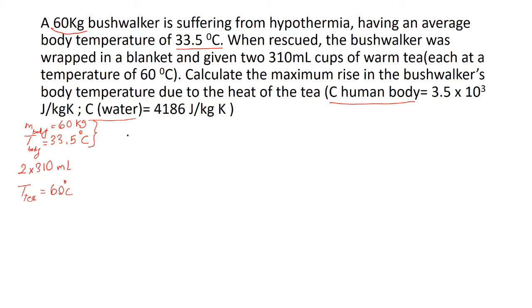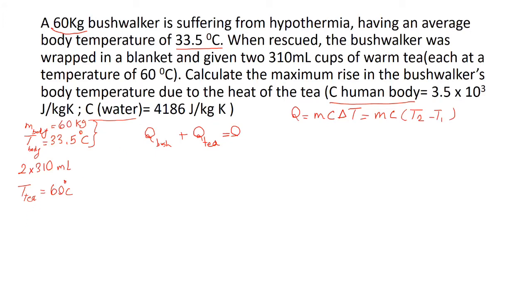So I write Q bushwalker plus Q tea should be equal to 0. Right now we know Q equals MC delta T, or I can say MC (T2 minus T1).